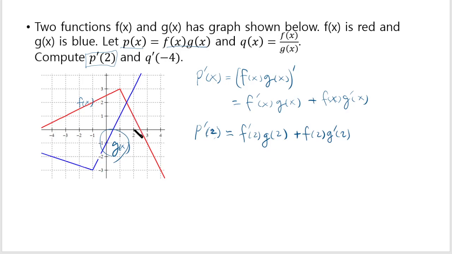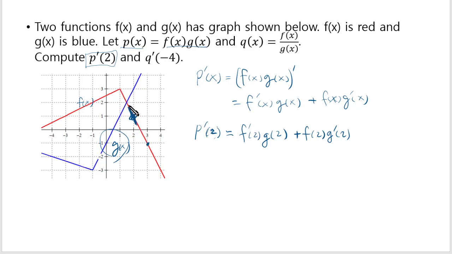So let's look here. This is 2, and this is the red one. So f'(2), remember, what's the meaning of f'? F' has the meaning of the slope. So what is the slope of this line right here? The slope has the value of f'. Well, we learned that slope is rise over run, so let's just pick two points and figure out the slope. Lucky for us, the graph is a straight line, therefore the tangent line is the line itself.